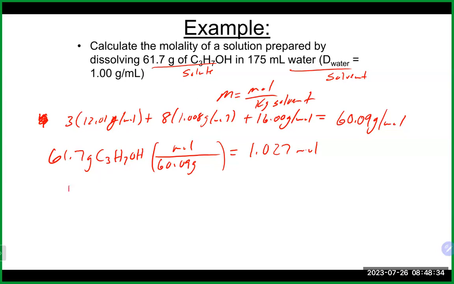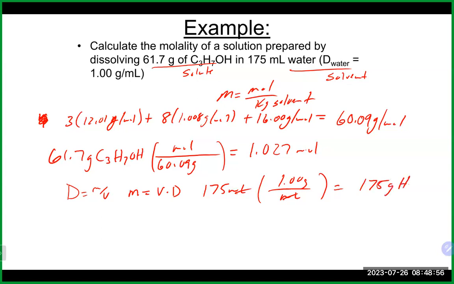We have the density here, which is mass divided by volume. In this case, we will use the density equation to find mass, which is volume times density. The volume is 175 milliliters for our water, and our density is 1 gram per milliliter, which means I got about 175 grams of water.